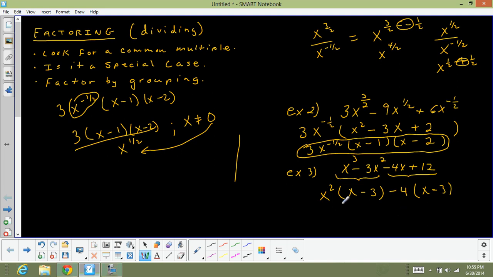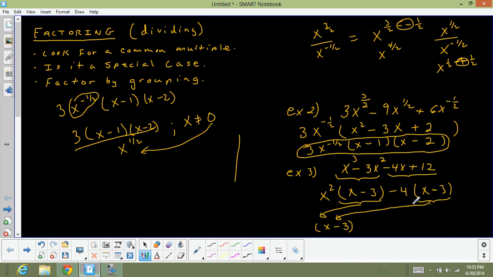And now, if you compare the two pairwise factorings we just did, you can see that they have a common element of x minus 3. So I'm going to factor out from each of those terms the x minus 3. Just like our first example where they both shared a y, and we factor out that y.